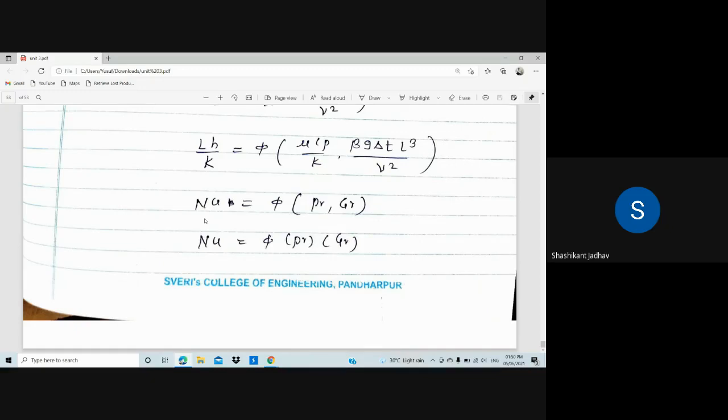So this is the dimensional analysis for natural convection by using Buckingham's pi method.